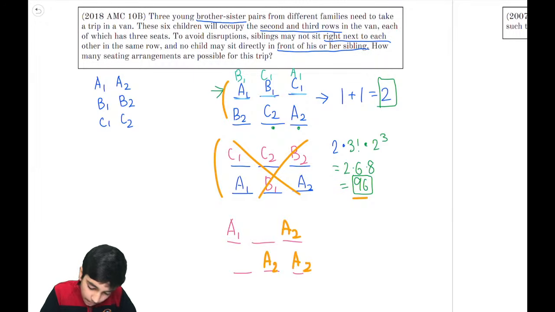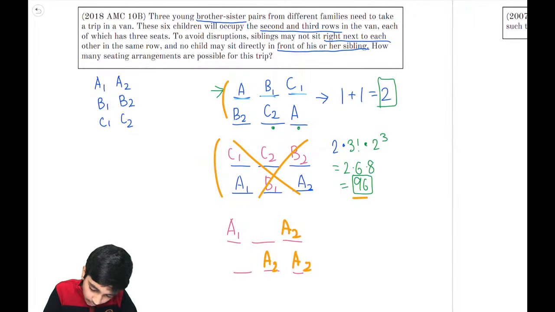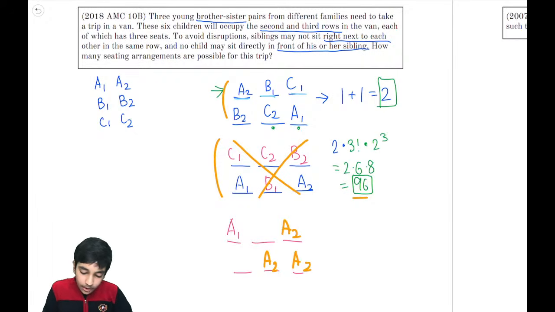But then again, we also have to multiply by 2 cubed, because we can switch the subscripts. So I can make A2 go here and A1 go here, or I can do the original A1, A2. Similarly for B1, I can either have B1 on top and B2 on the bottom, or I can have the opposite: B2 on top and B1 on the bottom. So those are the different cases.